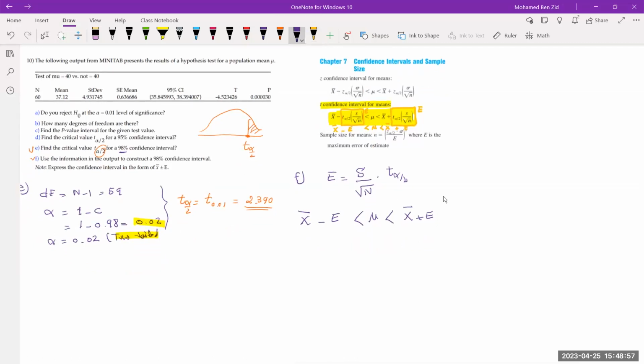All right. Now, the S, we said is this value over here, right? So it can be 4.931745. You don't need too many digits. I think 3 should be enough. The N is 60. And the T alpha over 2, because we are using the 98 percentile, so we're going to use this value in here, right? So this is going to be 2.390. All right, calculator.